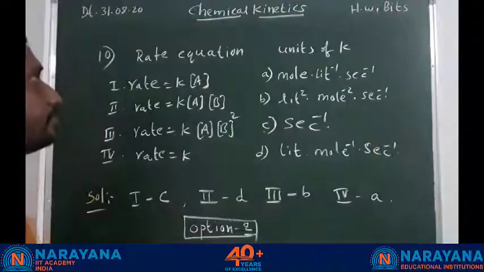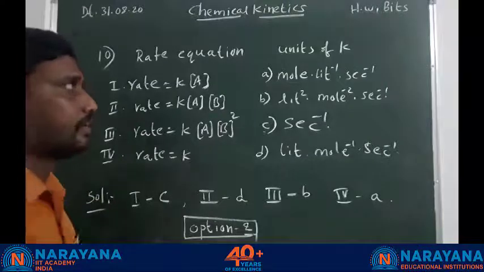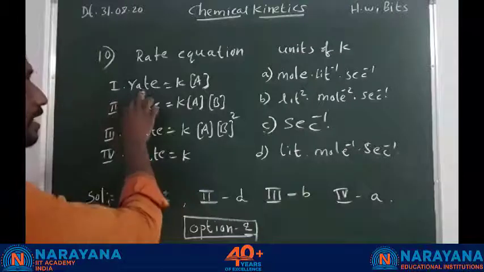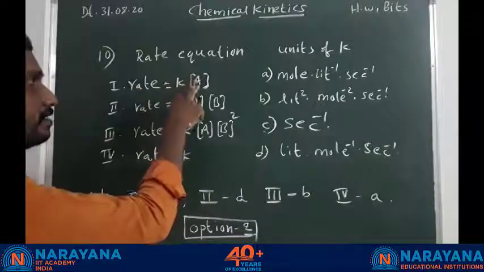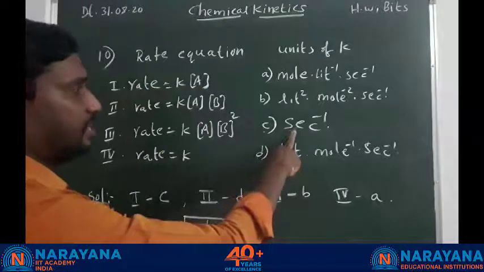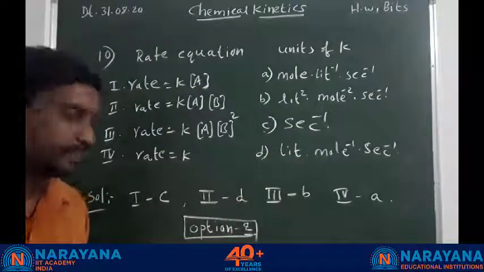Question number 10, rate equation, units of k given. For the first one, rate depends on one reactant, that is a first order reaction. First order reaction, unit second inverse, students.